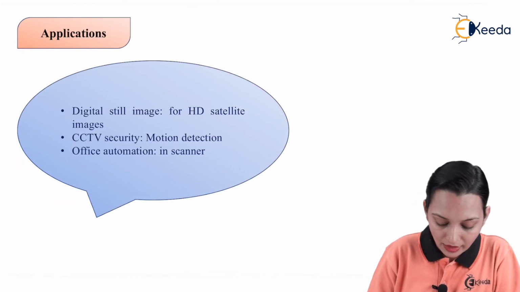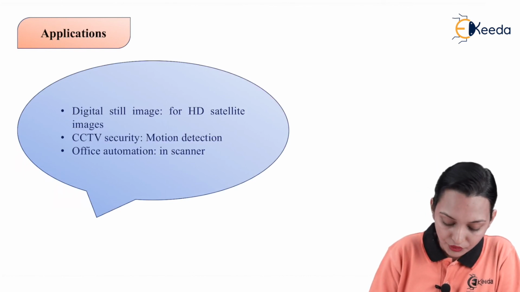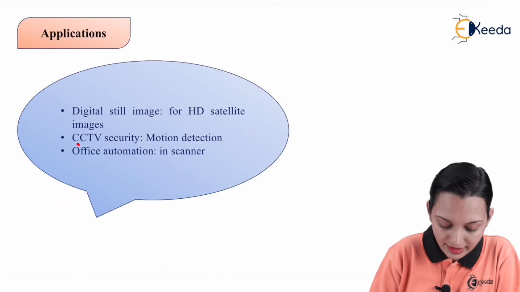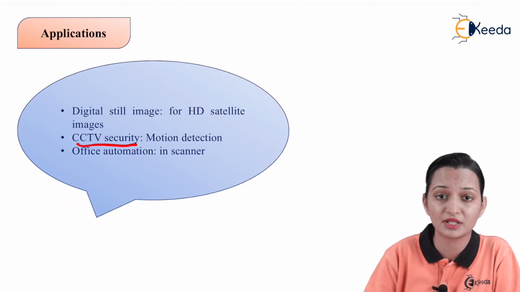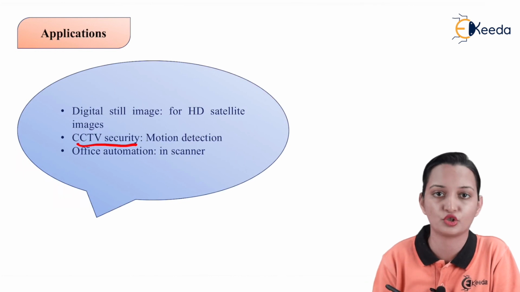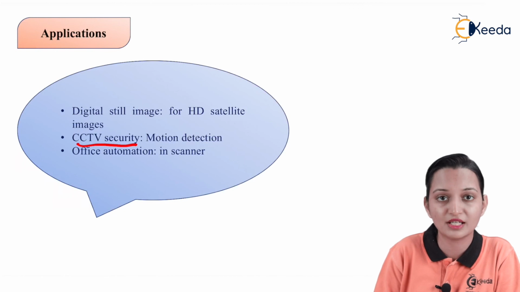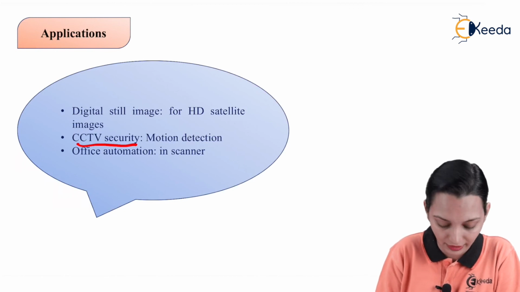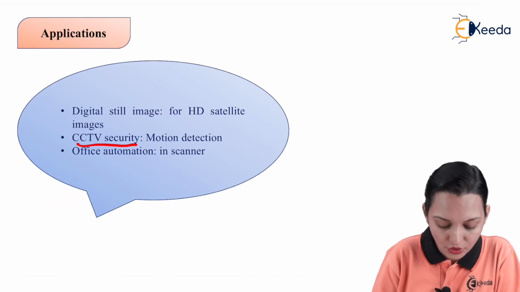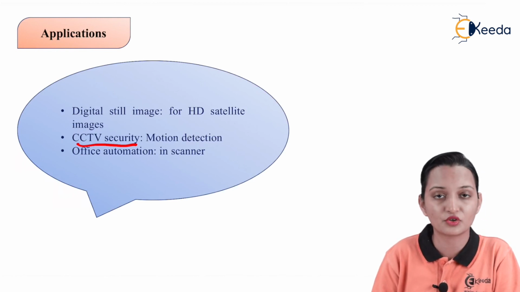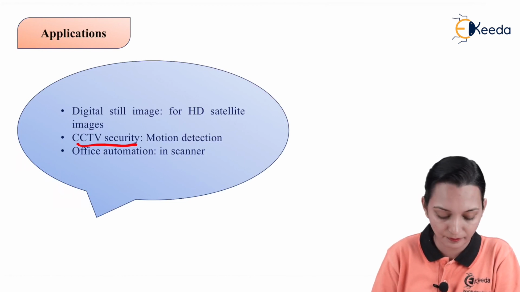Especially for security purposes and military purposes, image compression plays an important role, and hence CCTV security is given as an application, meaning closed circuit TV security using motion detection. There are many more applications where we can use it.